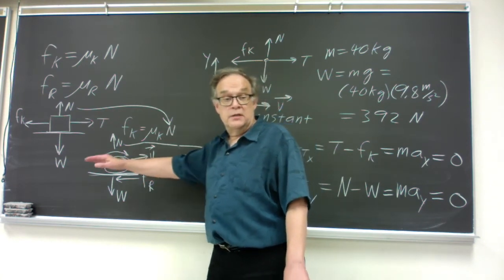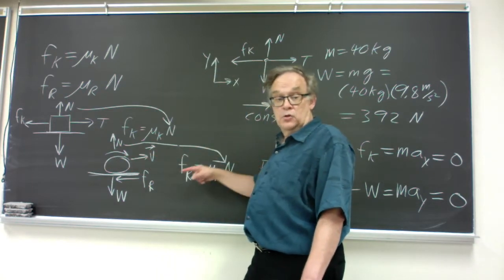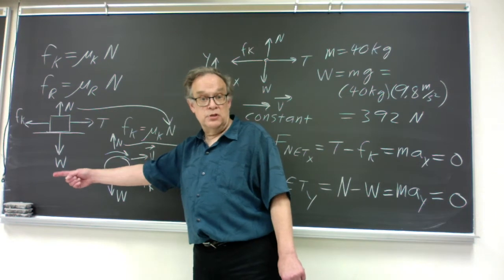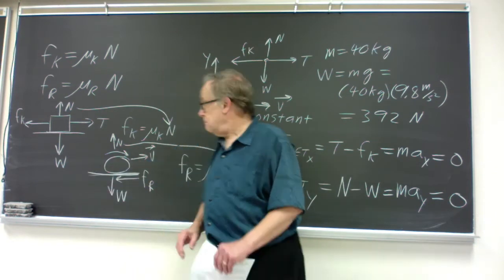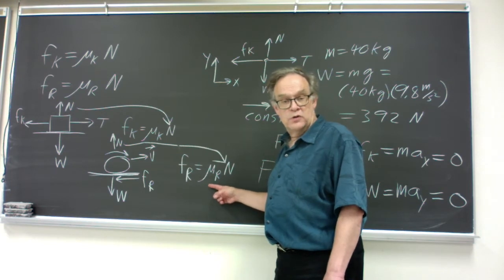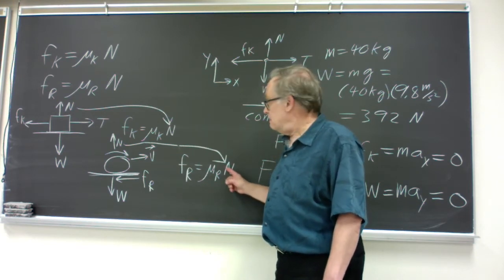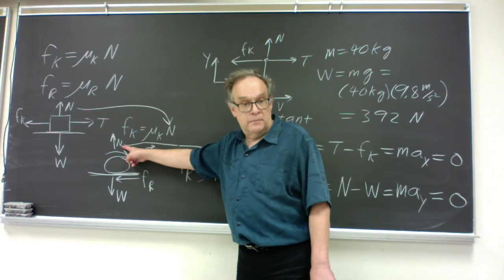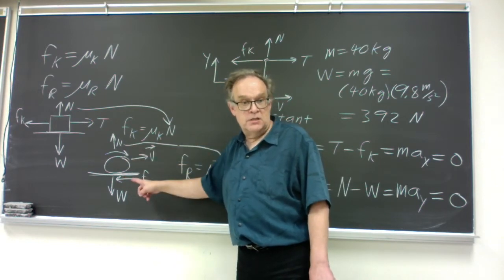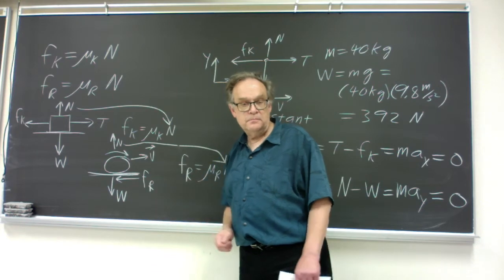So to prevent sliding this way, the rolling friction points opposite to the slide that it would prevent, and the magnitude of that rolling friction force is just the coefficient of friction times that normal force that's coming from the same surface as the friction force.